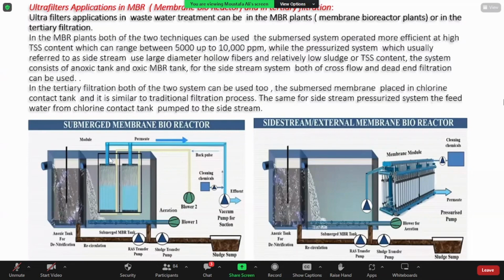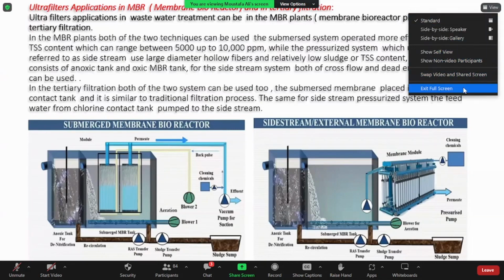So we are driving the ceramic membrane with a flux rate between 40 to 80 liters per square meter per hour. Okay.